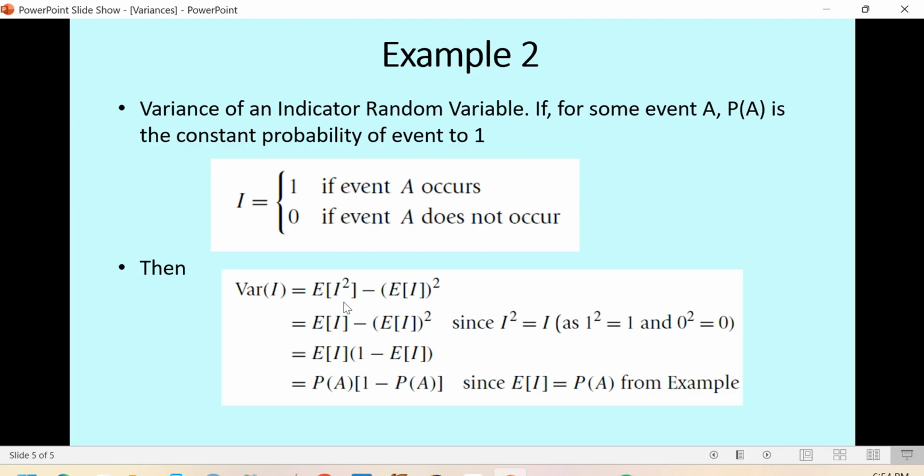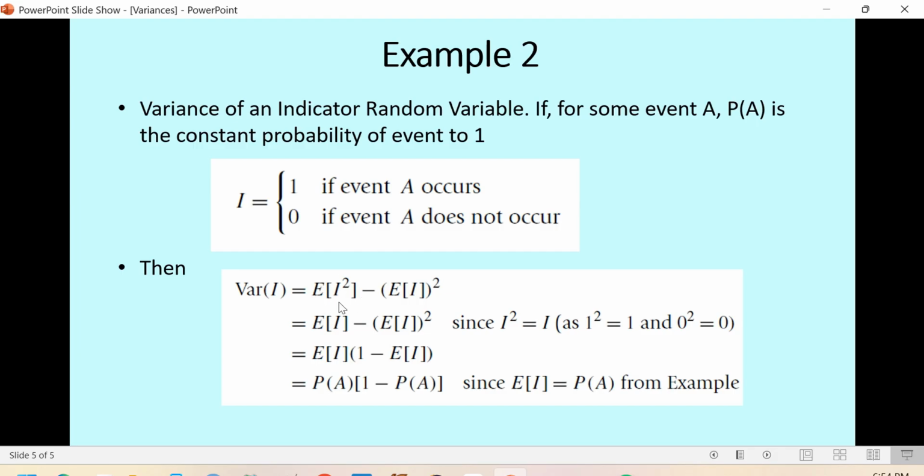For this formula, we can modify it, because if I equals 1, the square of 1 is 1, and if I equals 0, the square of 0 is 0.